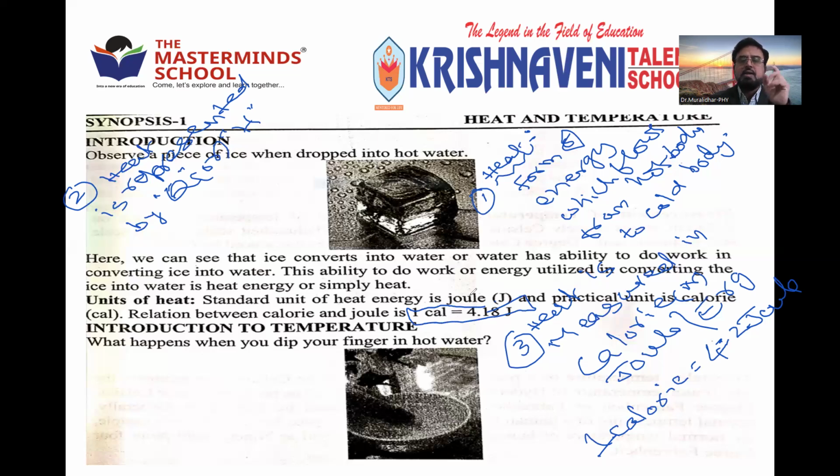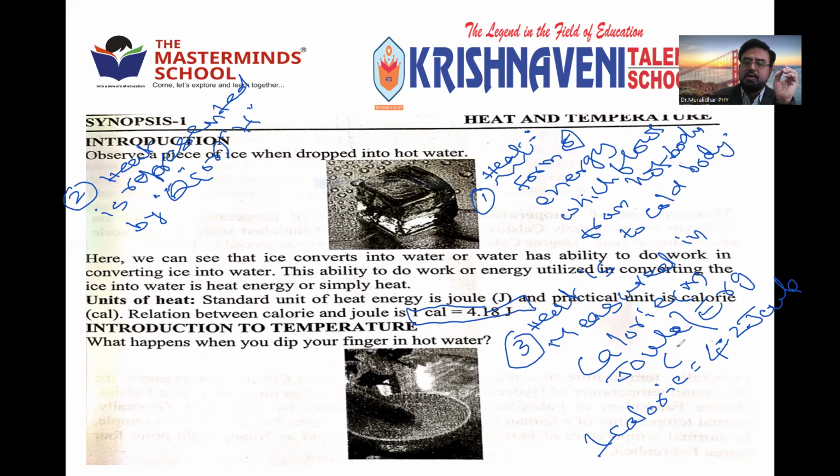Right? Point number 1, heat is a form of energy which flows from hot body to cold body. Note, everybody. Second point, heat is represented by a letter Q or H. Third point, heat is measured in calorie or joule or erg.